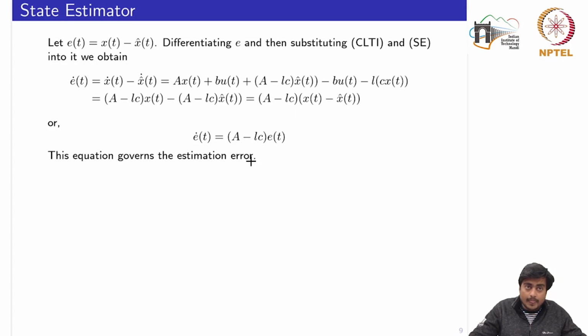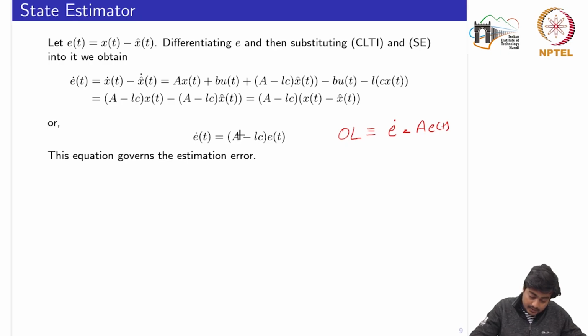error. There is a clear difference in the error equation of the open loop estimator and the closed loop estimator. In the open loop estimator, we got e dot is equal to A times e of t.